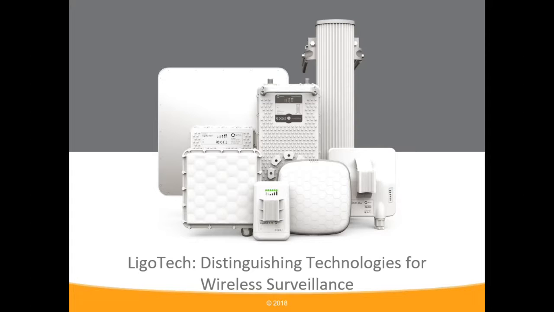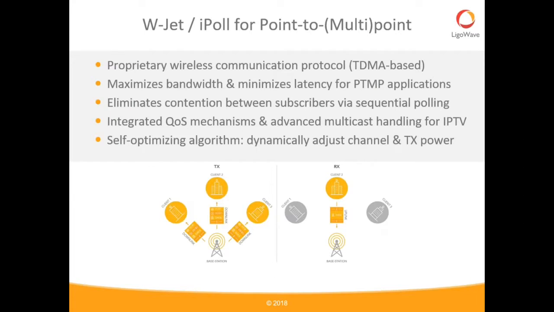So let's talk a little bit about some of the distinguishing technologies that LigoWave has specifically for wireless surveillance. So I mentioned earlier we have this proprietary protocol that's optimized for point-to-multipoint. It is a TDMA-based protocol, but it's designed to maximize bandwidth and minimize latency for point-to-point and point-to-multipoint applications.